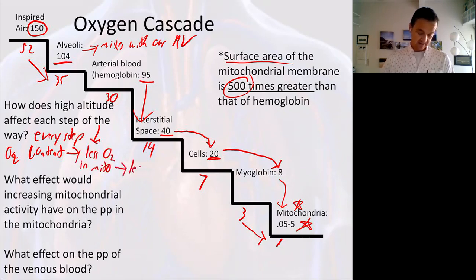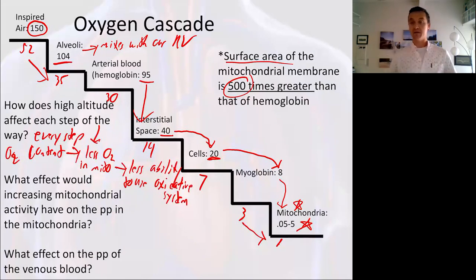That means less ability to use that oxidative system. Okay, so we're more and more reliant on the anaerobic system. Our ability to produce ATP with the oxidative system just drops as we get less and less oxygen inside the mitochondria.